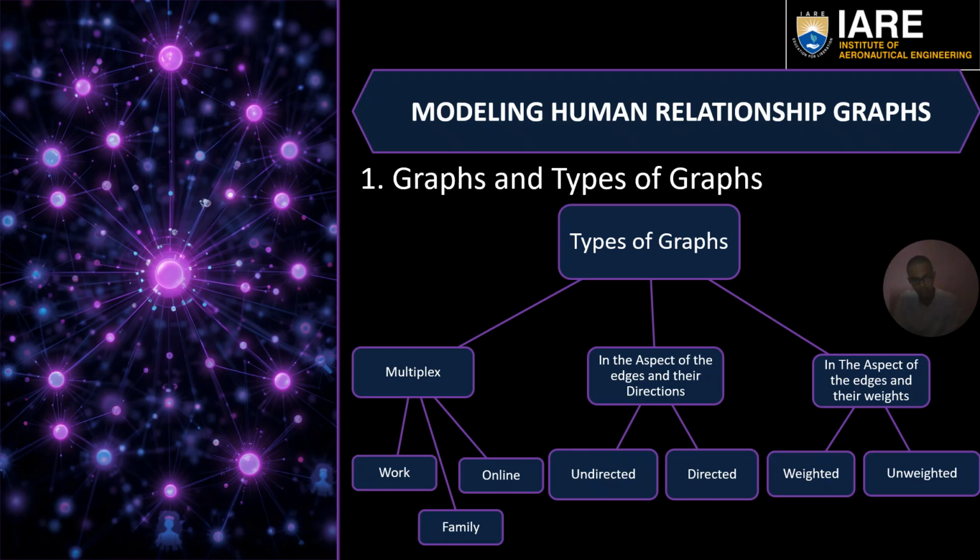First is multiplex kind of graphs, which are further divided into work, family and online. And in the aspect of edges and directions, we have two types of graphs, undirected and directed. And in the aspect of edges and their weights, we have weighted and unweighted graphs. Hence, these are the types of graphs.